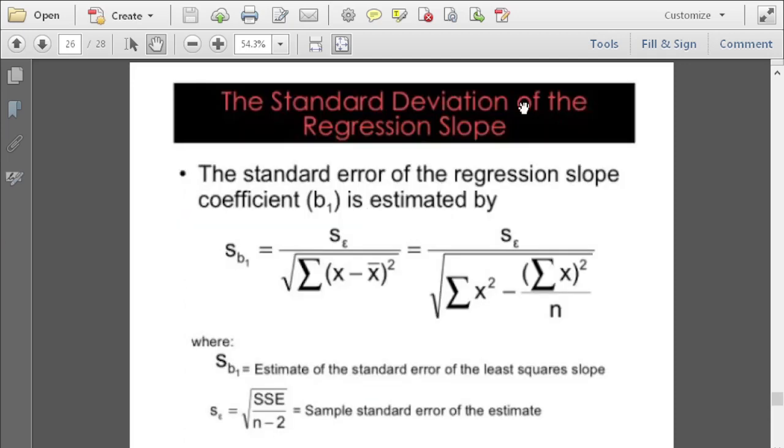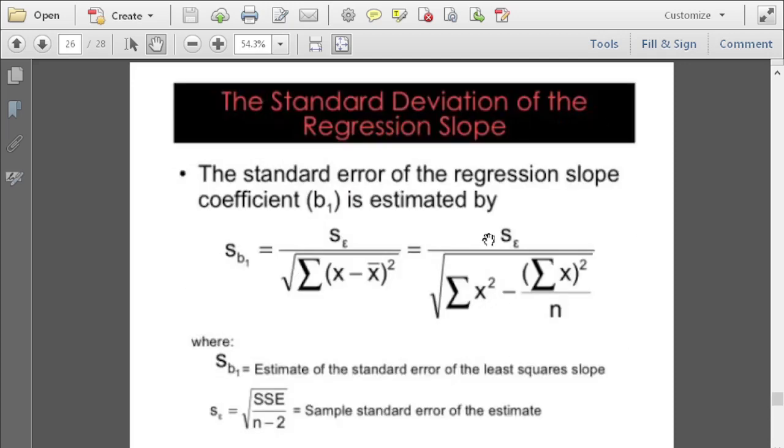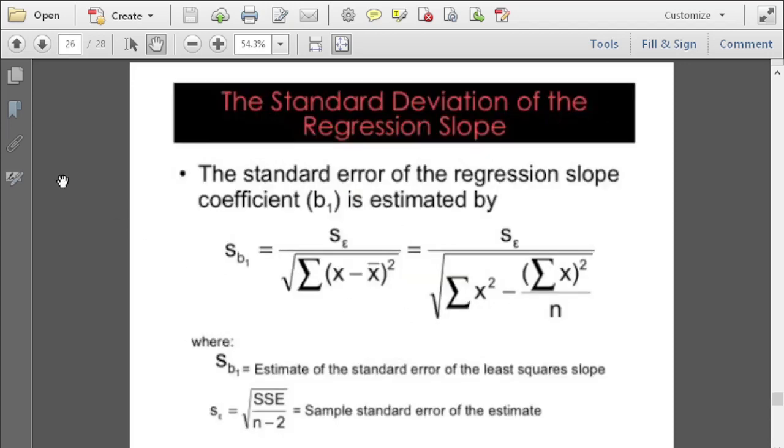Okay, so actually I did try to solve the S sub b1 using this formula. I did a manual computation to solve this one. Maybe in my next video I'm going to teach you, because this time I don't have a clear camera to record this, okay?